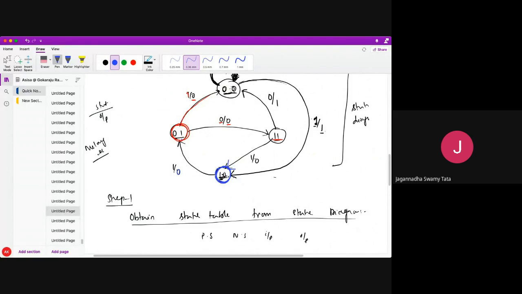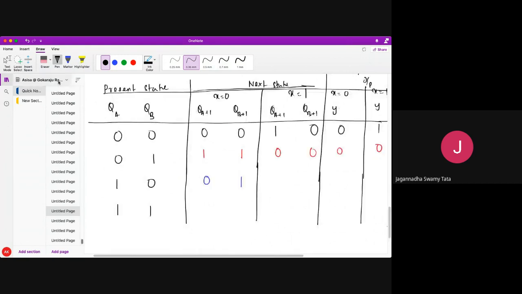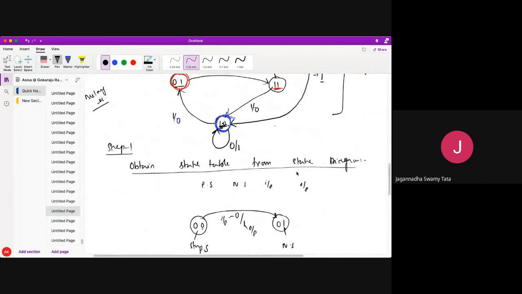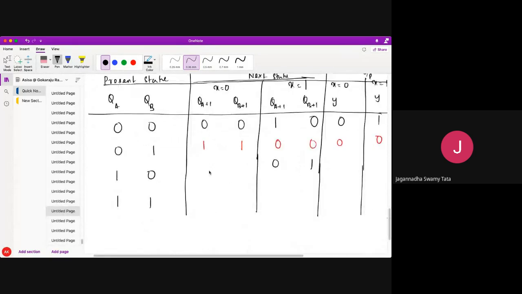I have missed one more state here. Sorry, I made a mistake here. For input 1, I am going to 0 1. For input 0, I am staying at my own state 1 0. So these are my.